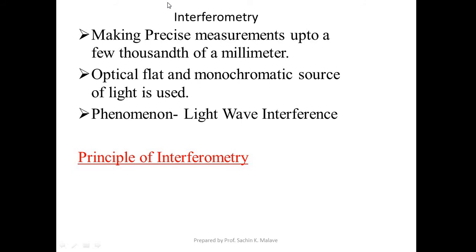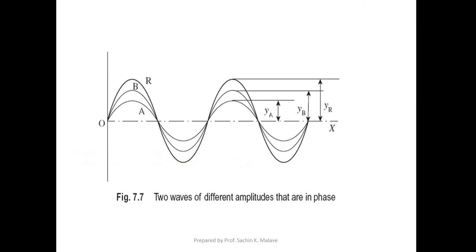So before going into the details of interferometry directly, we should know what is the interference of light. All of us have studied this phenomenon either in 12th class or during diploma first year, second year, somewhere in physics. All of us have studied the principle of interference of light.